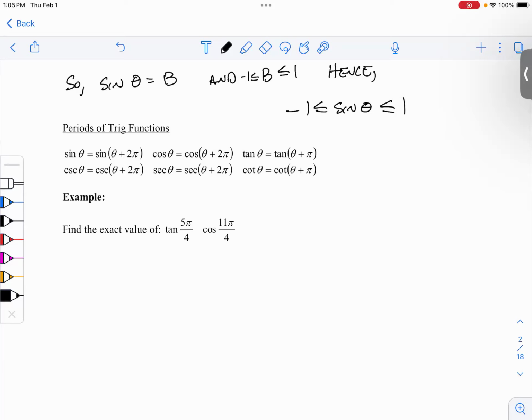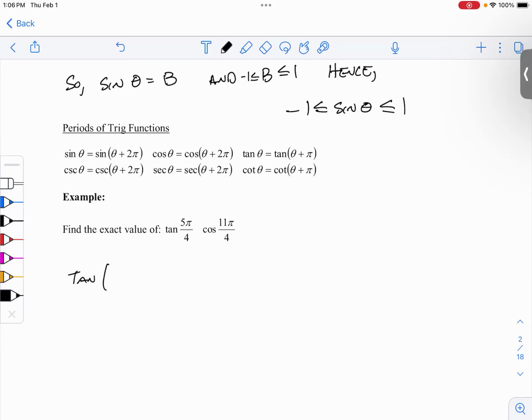What this also adds is that tangent and cotangent repeat every pi instead of every 2 pi, like sine and cosine and their reciprocals. So it's even easier, since sine divided by cosine is tangent. All the values on top are exactly the same as all the values on the bottom, and the signs are the same as well.